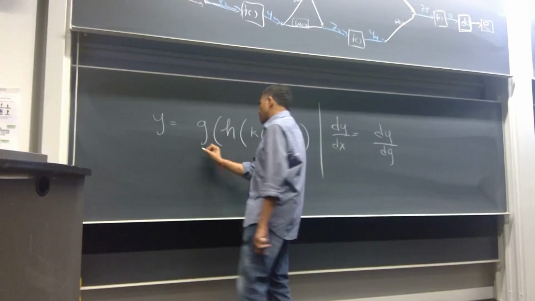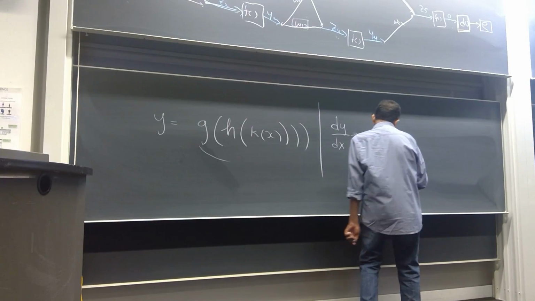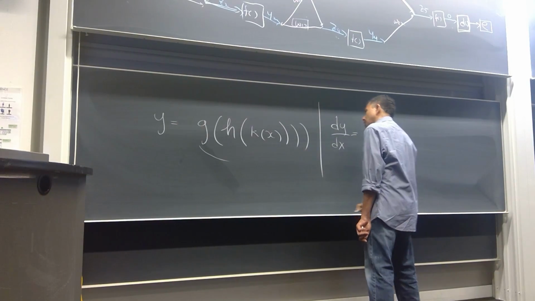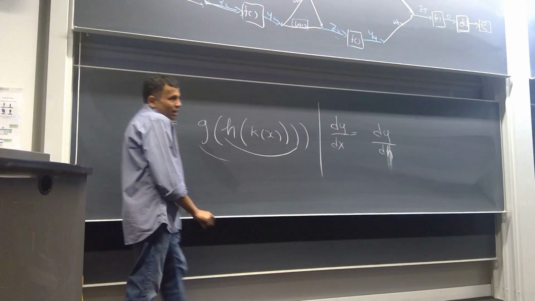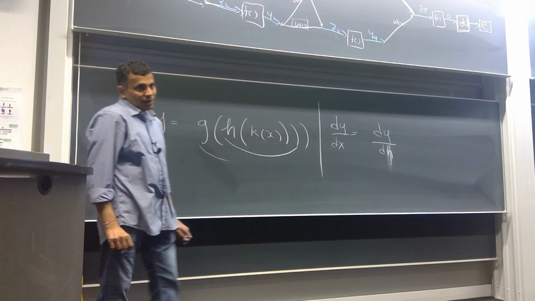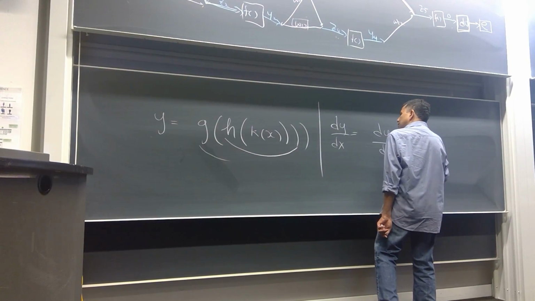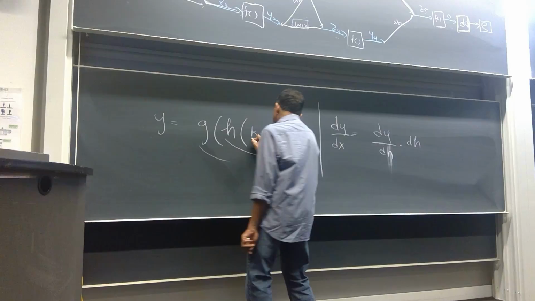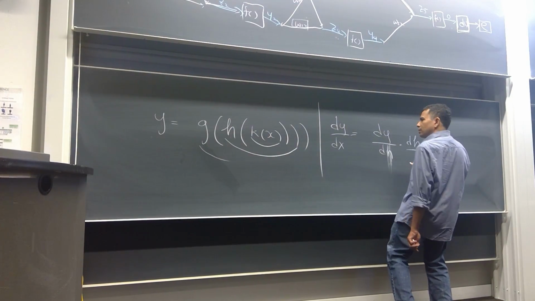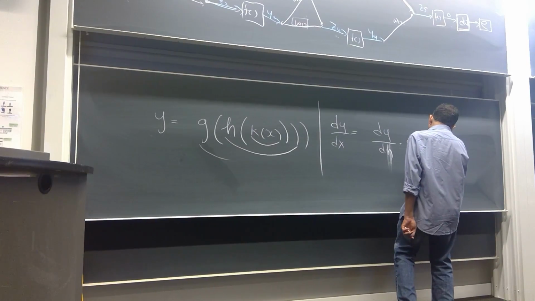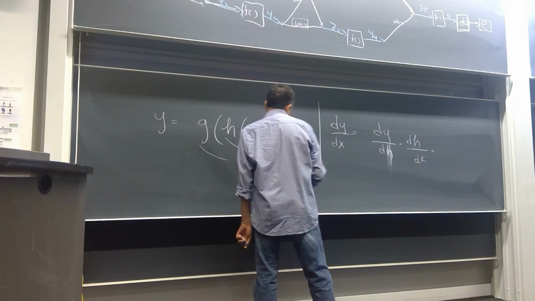So how much does, actually dy over dh? So how much does changing this guy affect y? And then how much does changing this term affect h? And then finally, how much does changing this term affect k?